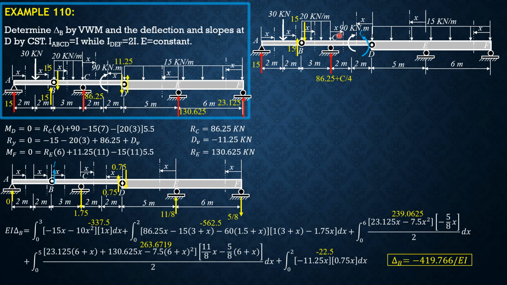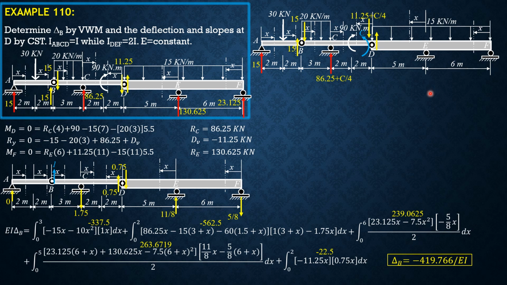Then summation forces Y in this portion, this should be downward 11.25 plus C over 4 as shown. Then action reaction, 11.25 just to the right plus C over 4. So just concentrate on couple over 4.